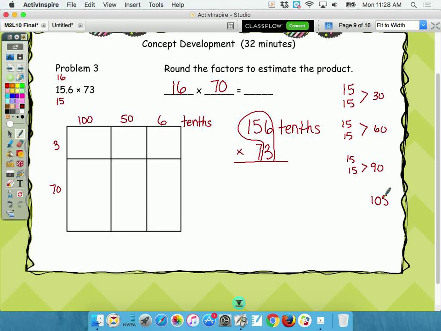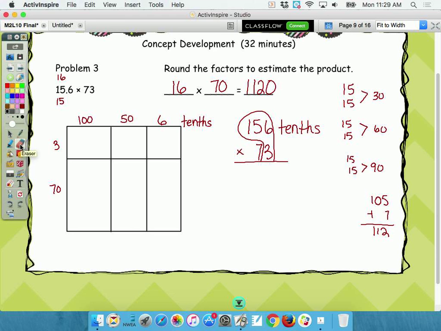But I'm not done because I changed that to 15. Now I got to make it go back to 16. So how many do I add into this? 1. 1 for each 15. How many 15s are there? There was 7. So plus 7. What do I have? 112. And then I have to put my zero on, not my decimal.